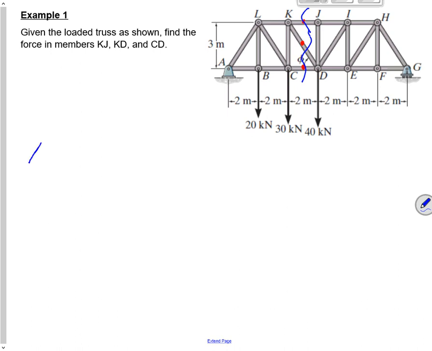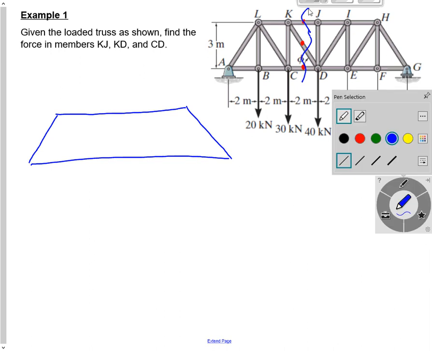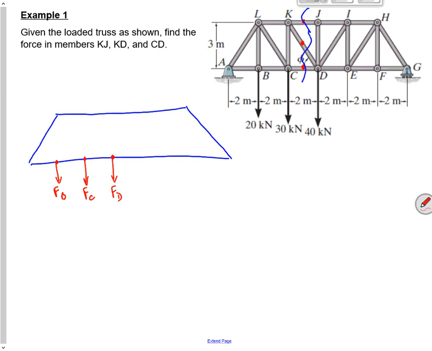So to find the support reactions, I draw a free body diagram of the entire truss. Here's the entire truss. It's got three loads applied to it. And then over here on the left, it's going to have a y component and an x component.